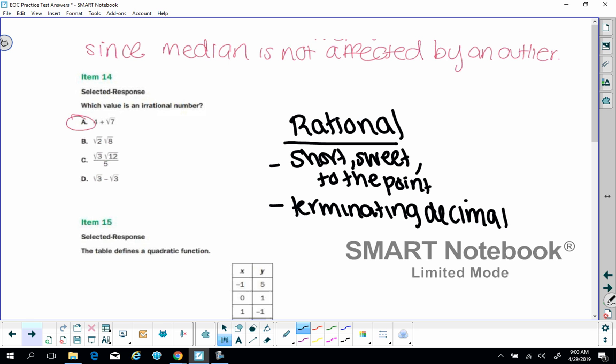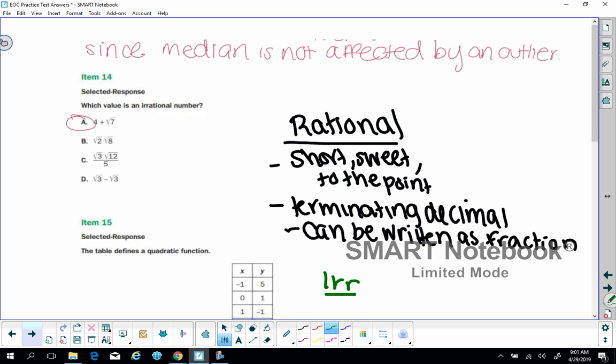And it can be written as a fraction. An irrational number, I'll write it down here, is a non-terminating decimal. It's a number that goes on forever and ever and doesn't repeat, and it cannot be written as a fraction. So it's just the opposite of all rational explanations.